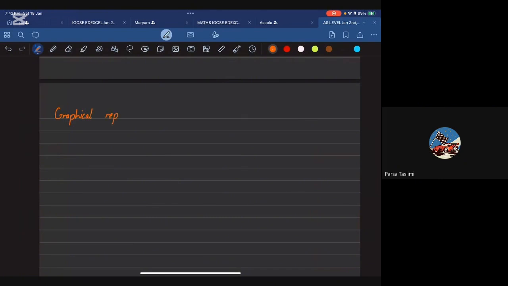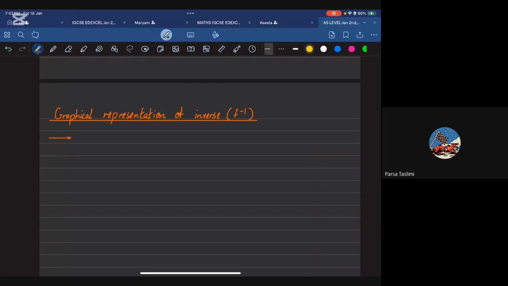The graphical representation of inverse is also oftentimes displayed like this. Now, because it's an inverse, it's completely the opposite of what your original graph should be.